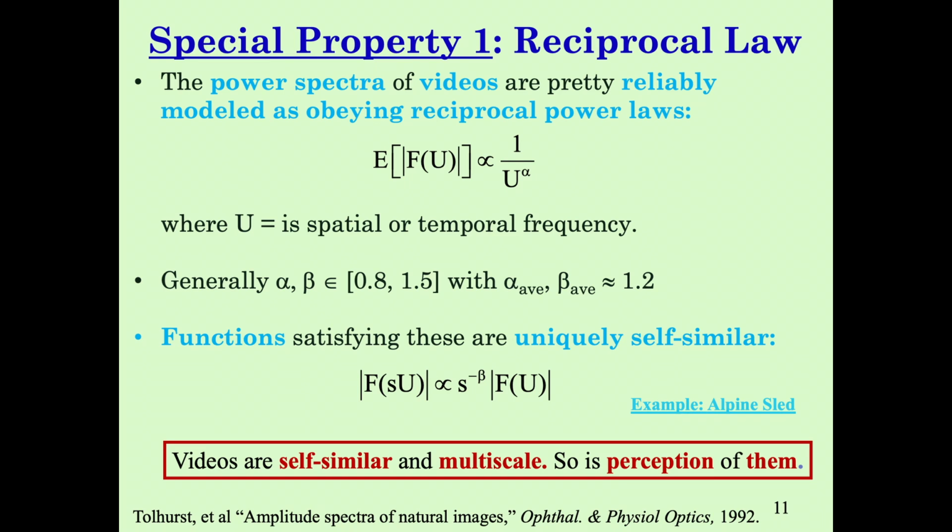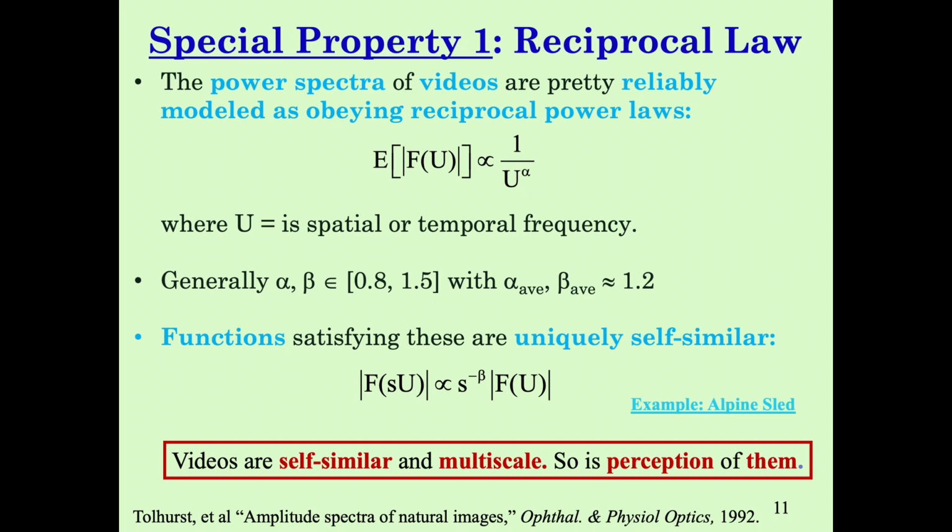First of all is the reciprocal model of pictorial information. E here means expected value. It's basically a way of saying that we expect that the power spectrum, this is a Fourier transform magnitude, you could square it if you want and get 2 here. The power spectrum of pictures is universally approximately reciprocal. You hear it often described as 1 over f.